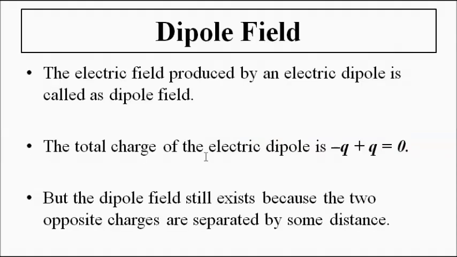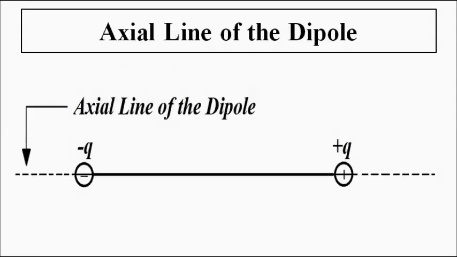Okay, and the dipole field is evaluated for both the charges along the axial and equatorial lines. Now coming to the axial line and equatorial line. The axial line of the dipole is a line passing in the horizontal direction through these two charges.